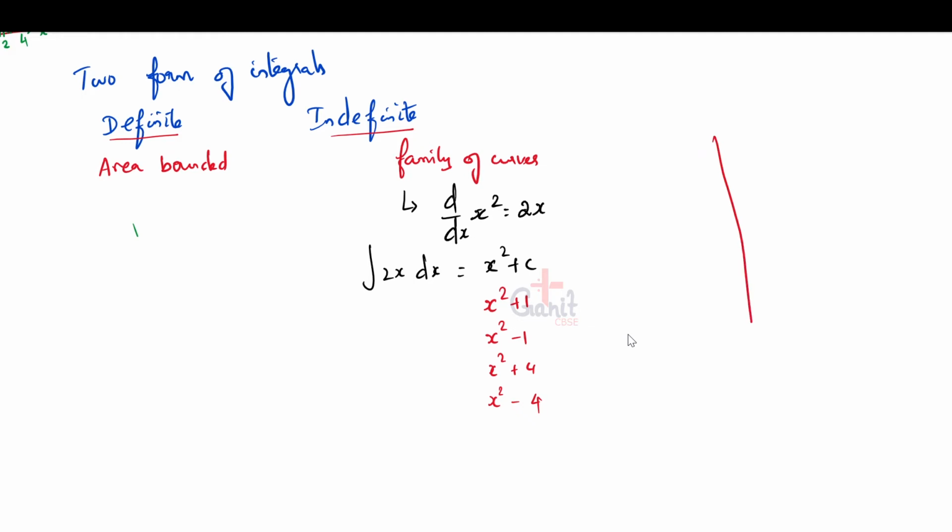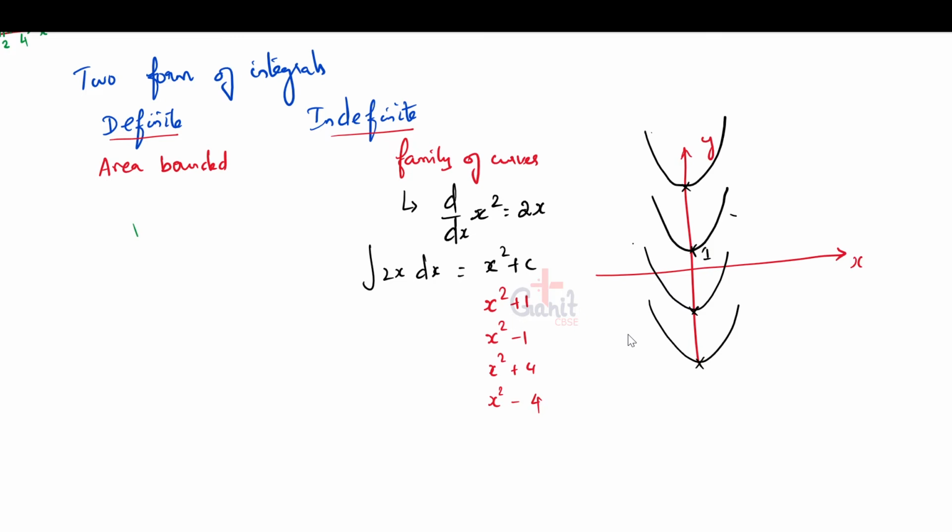It can be anything. If I sketch the graph, this is x square plus 1, this is x square minus 1, this is x square minus 4, this is x square plus 4. The shapes are all the same, but only the y-intercept, the point of intersection on the y-axis, is different. We call this a family of curves.